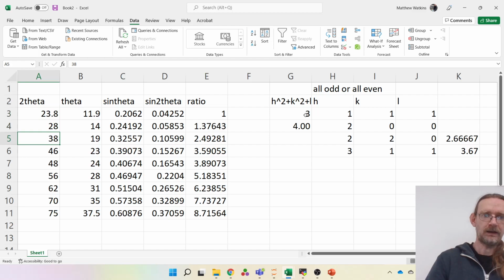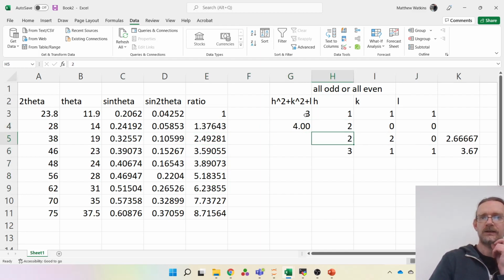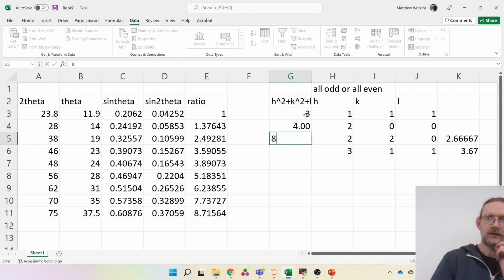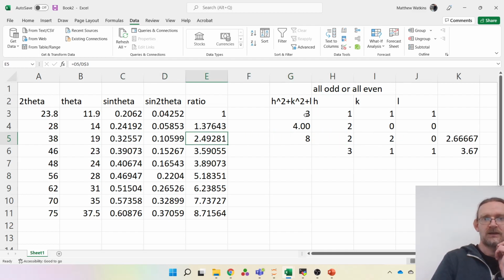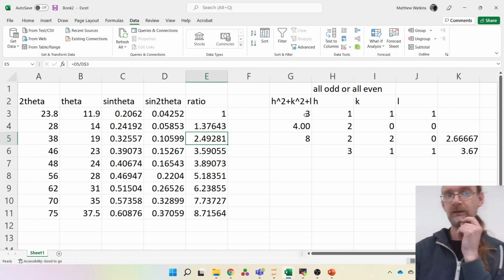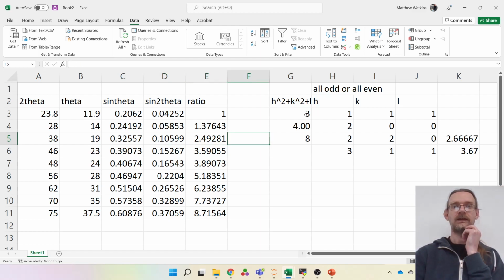That's kind of what I'm getting at. Then the next line, the next smallest value of all odd or all even, is 8, I think. And 8 divided by 3 is 2 and 2/3, which is that.